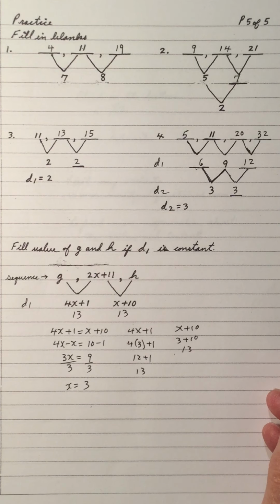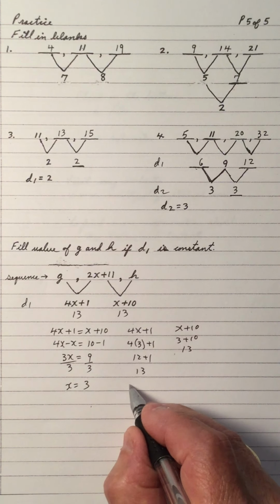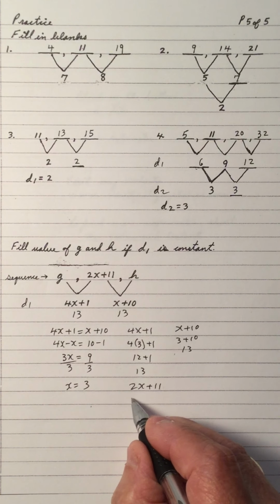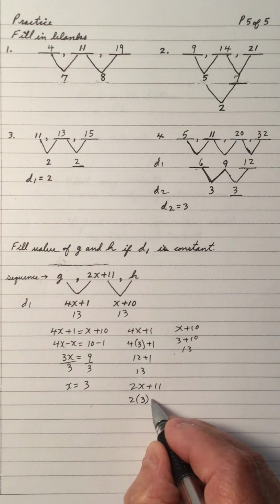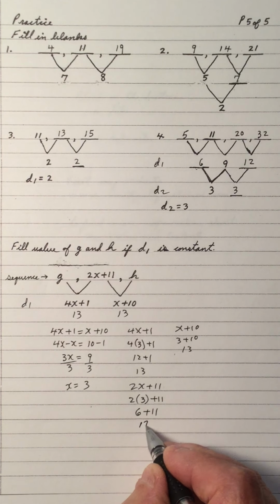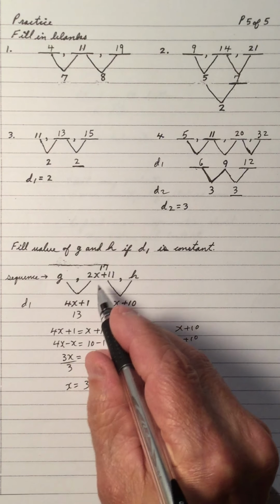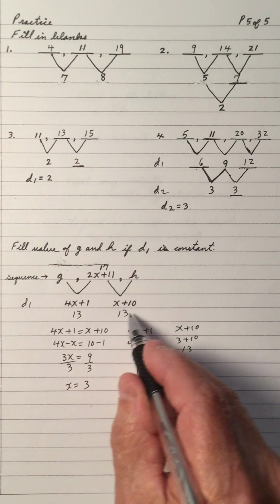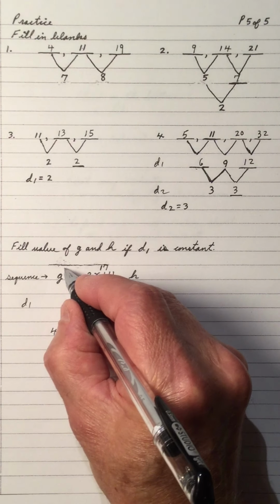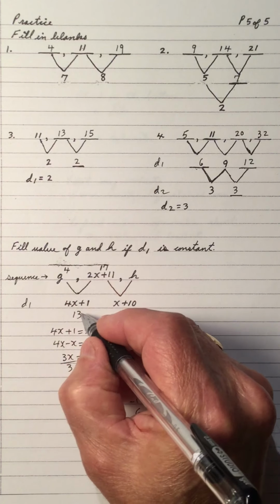Now, if x is 3, that means that 2x plus 11, x is 3, so 6 plus 11, 17. So that means this number right here in the middle is 17. So I got a 17, I got a 13 and 13. So 17 subtract what number gives you 13? So that's a 4. 17 subtract 4 is 13.